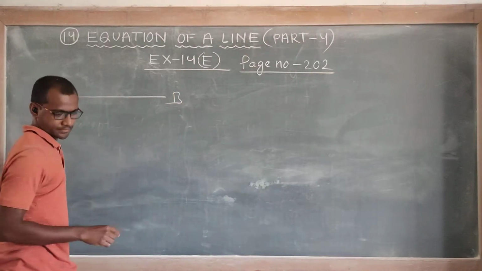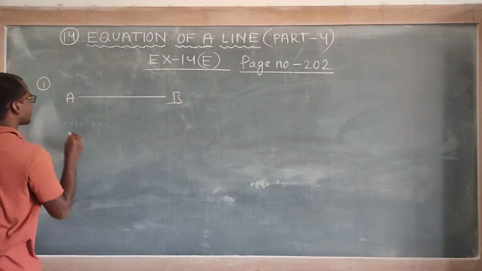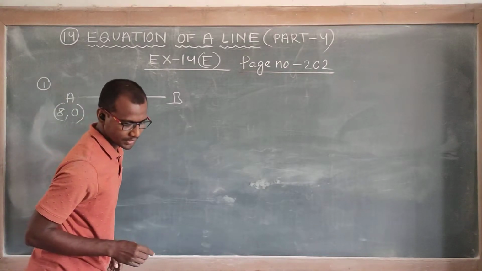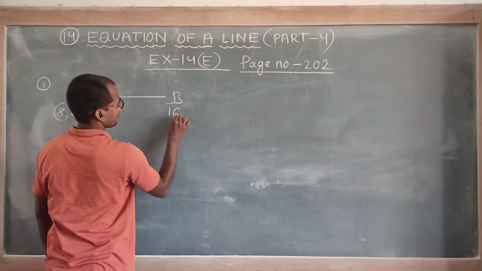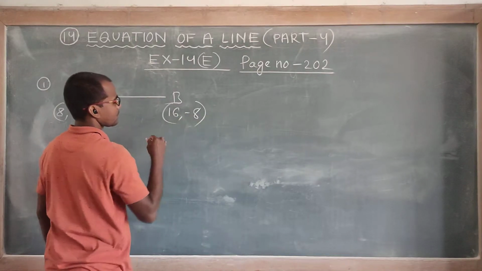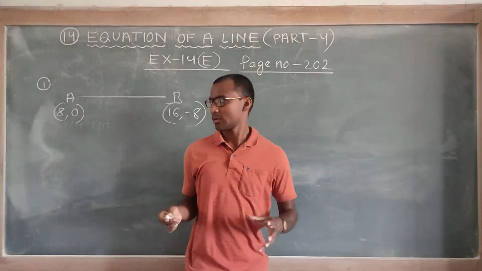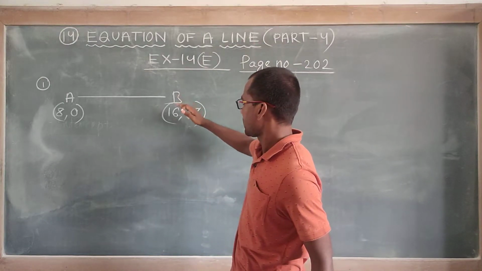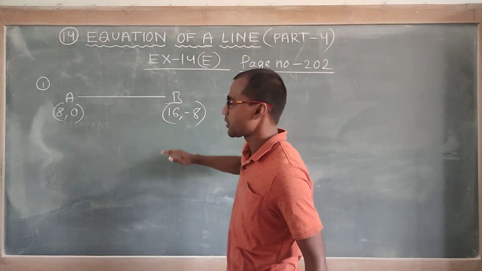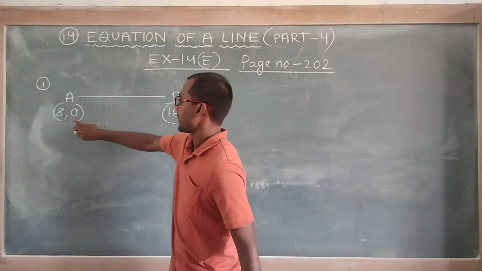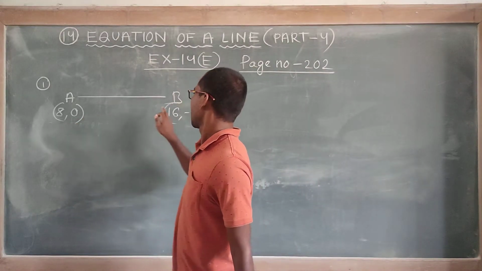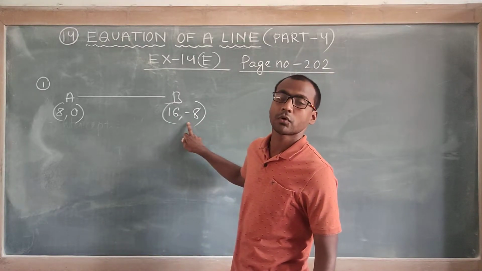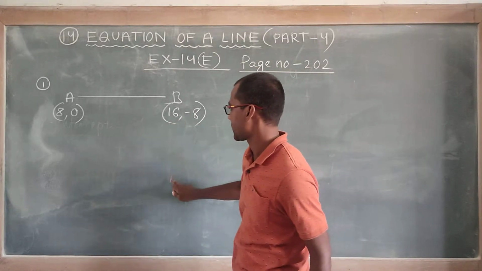A is (8, 0). B is (16, -8). This is actually a rough diagram, but actually (16, -8) should be below 8. (8, 0) will be on the x-axis and (16, -8) will be in the fourth quadrant.